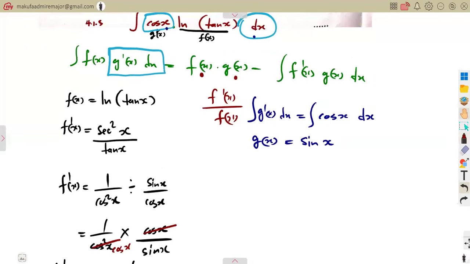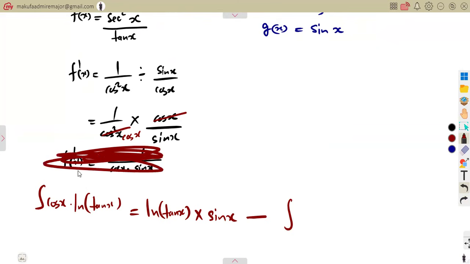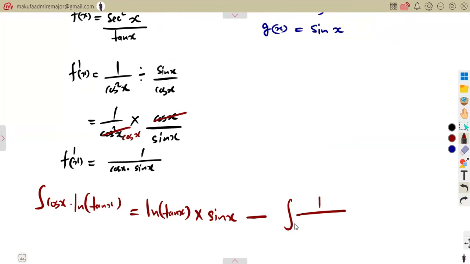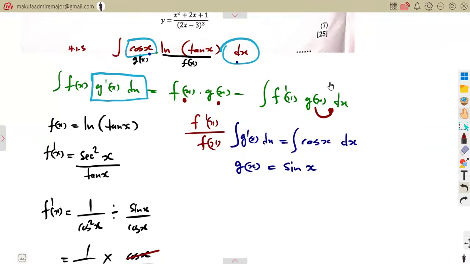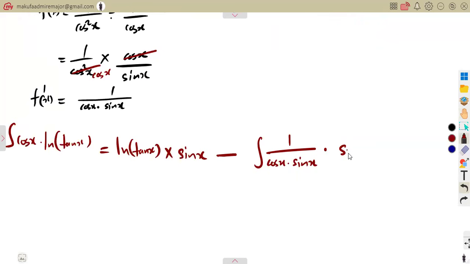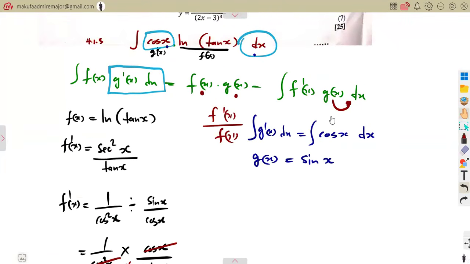So on our formula, we are going to subtract, minus the integral of f prime x. This is our f prime x, which is 1 over cos of x sine of x, times g of x. So we need g of x dx, and our g of x is sine x. We calculated this before. So that's sine x dx. So that's it. We've applied our formula. Everything is there.